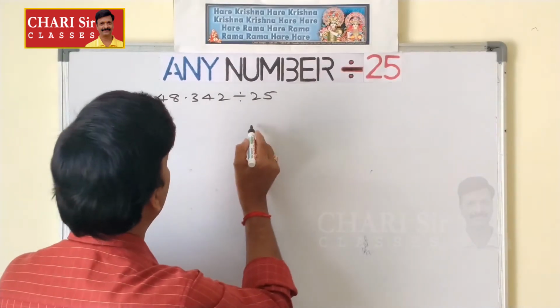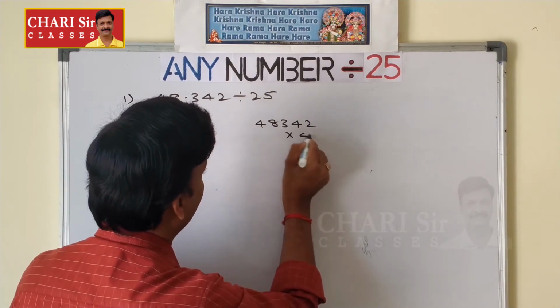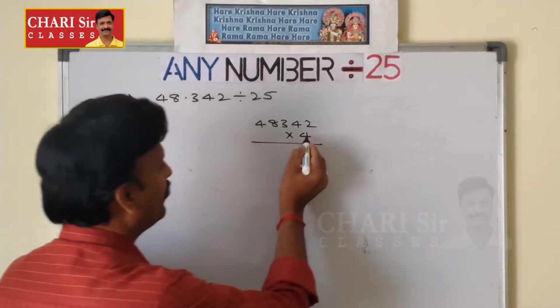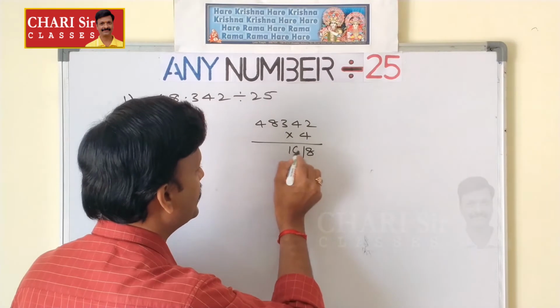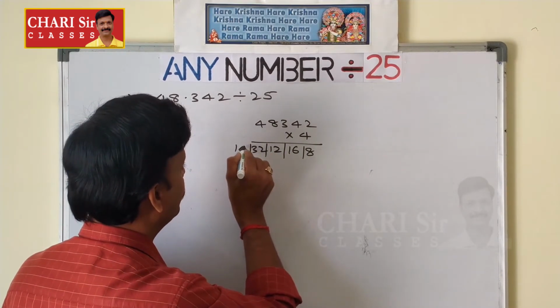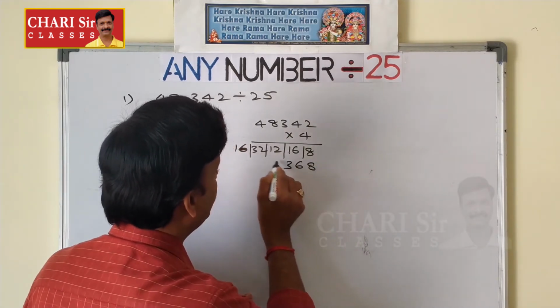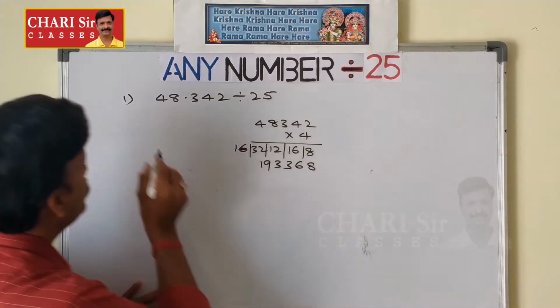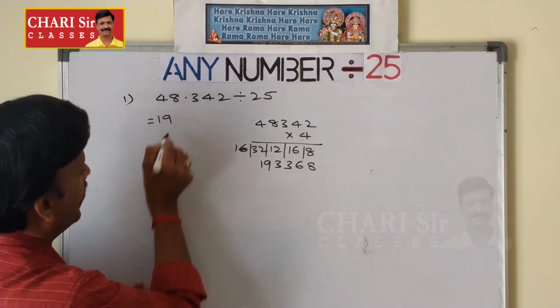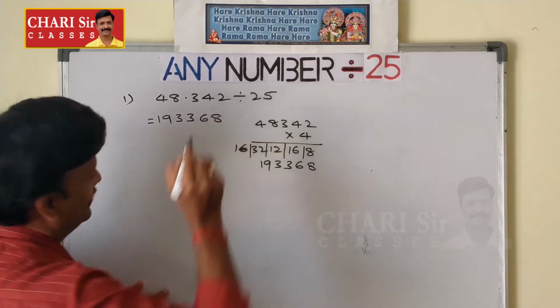Okay, first what you do? 48342, just multiply by 4. Now what do you get? 2 4s are 8, 4 4s are 16, 4 3s are 12, 4 8s are 32, 4 4s are 16. We can balance it: 8, 6, 3, 3 and 19. So you can write it here 193368.